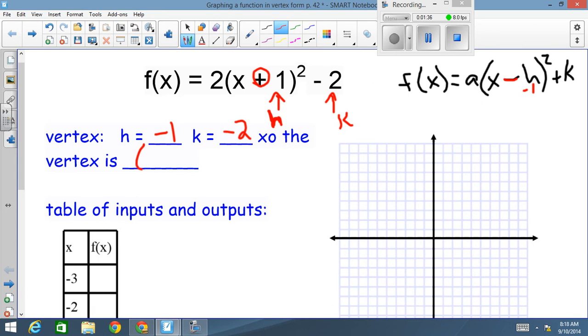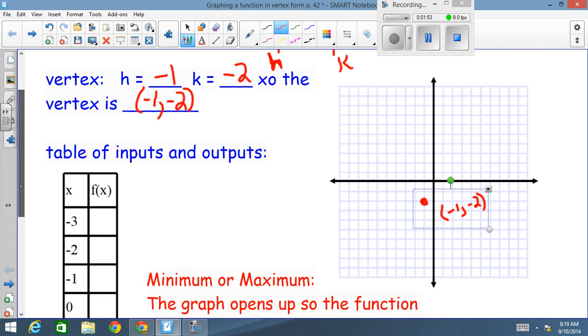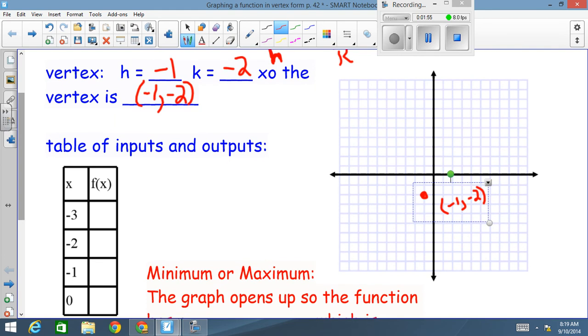So the vertex is -1, -2, and I'm going to go over and plot that vertex right now. To the left 1, down 2, there's my vertex. -1, -2. All right. Now, the next thing I want to do is identify some points that are on each side of this vertex.